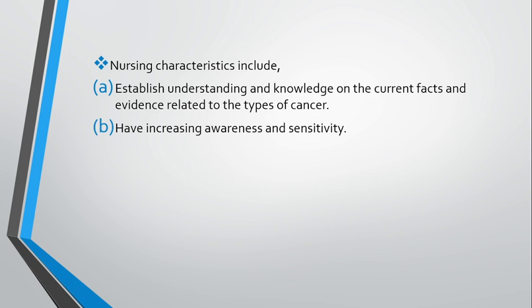Next, you should know medicine is always updated, right? So the nurses should also update their knowledge about the cancers, their signs and symptoms, the diagnostic procedures and the treatment, in order to provide a better service to the patients.